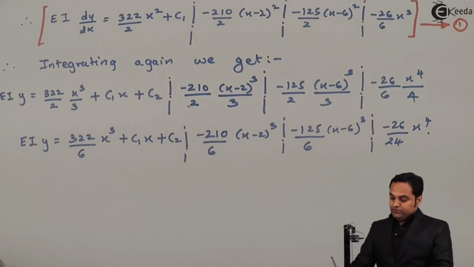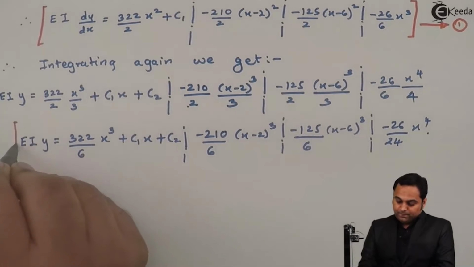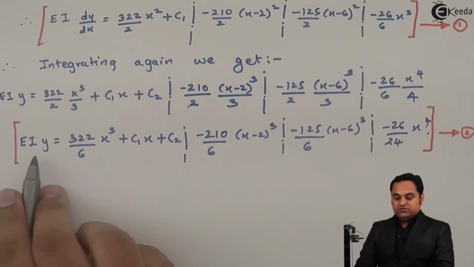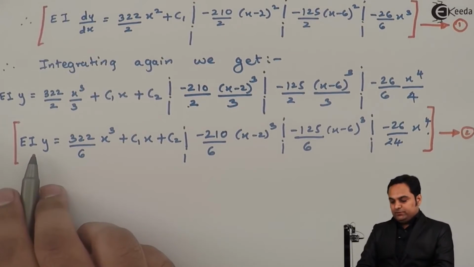Now the equation which we have, this will be the second equation, and in this we have y, which is called as deflection.